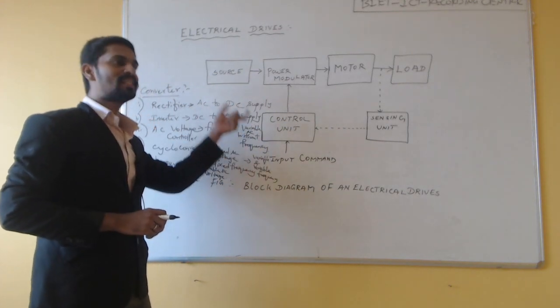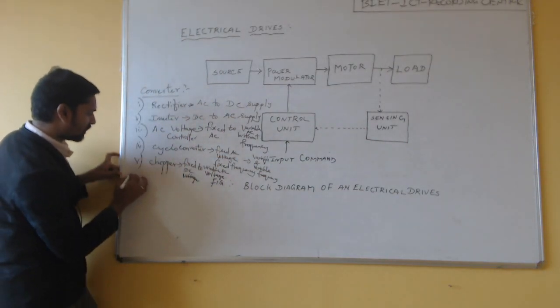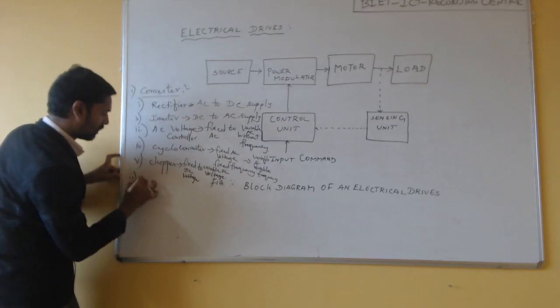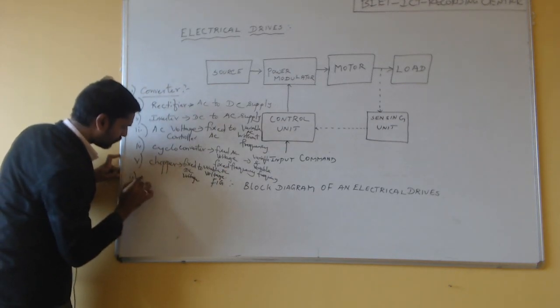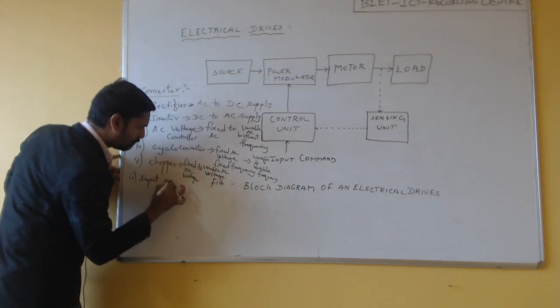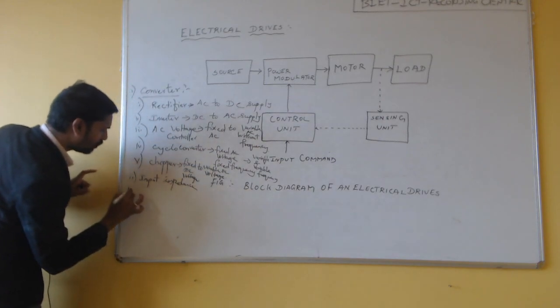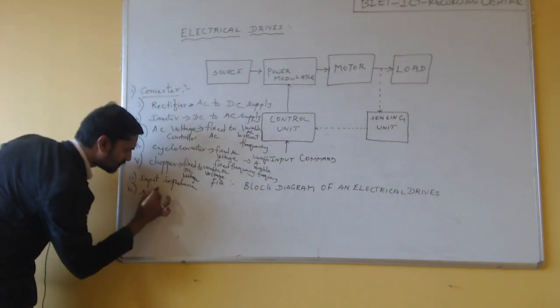So power modulators can be used as converters. Second, it can be used as input impedance. It can also be used as switching circuits.